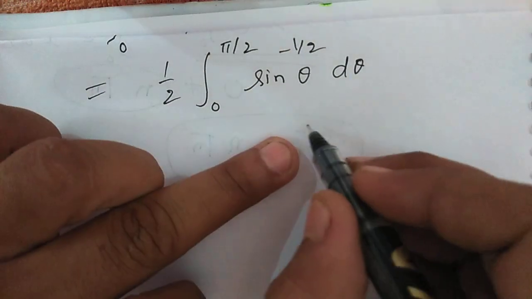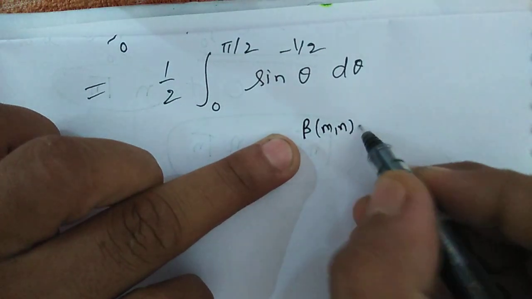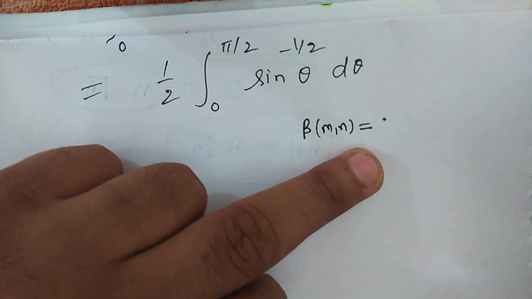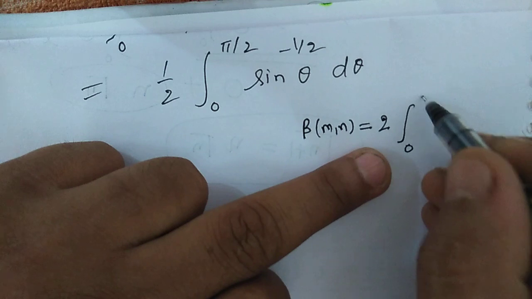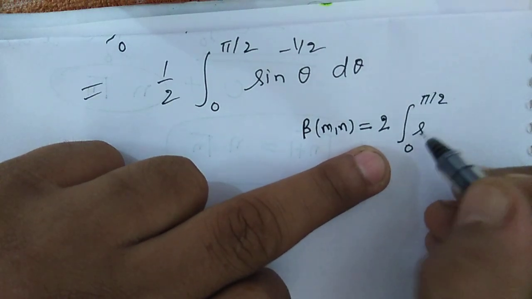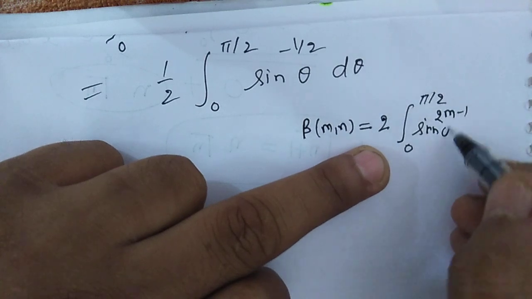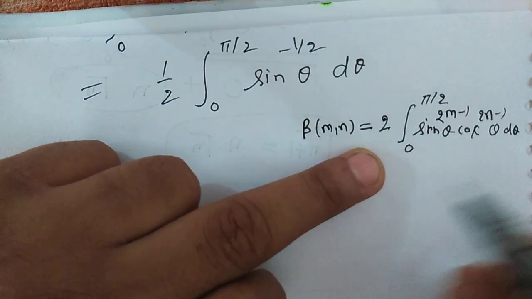So if you remember the formula for beta function, beta of m comma n equal to 2 into the integral 0 to pi by 2 of sin to the power 2m minus 1 theta cos to the power 2n minus 1 theta d theta.